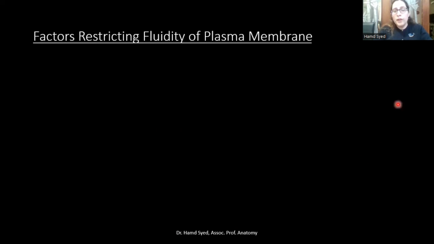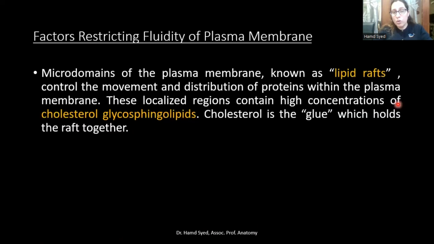Now, what are the factors that restrict the movements of the proteins in plasma membrane or the fluidity of plasma membrane? Well, we should keep in mind cholesterol. Cholesterol, as I mentioned before, is the constituent responsible for restricting the lateral movements of plasma membrane. And it is present in the form of lipid rafts.